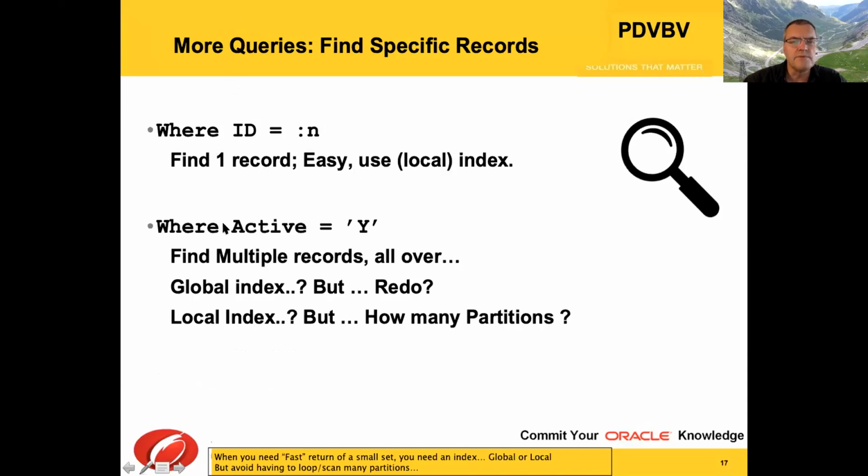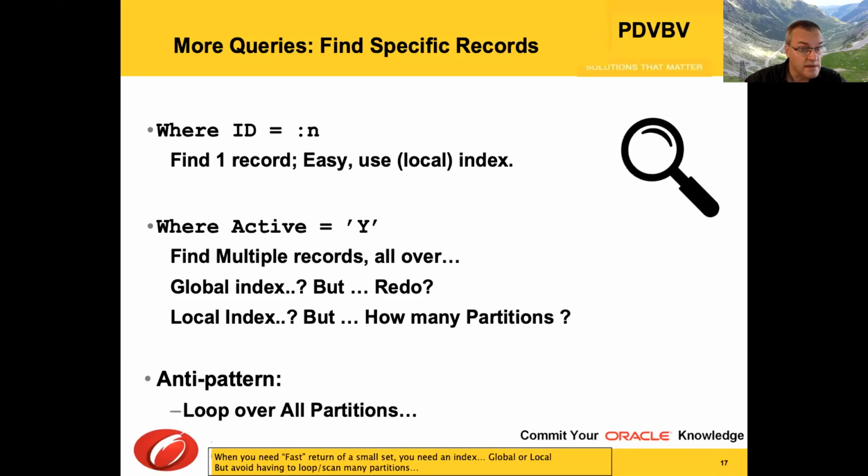If you look for a field that doesn't have a good local index, or that requires a global index, you are slightly in trouble. You'd have to look for all the active data in a table, and it can be all over the table. So you'd have to either use a global index or use a local index, but then how many partitions are you going to scan? The anti-pattern will be if you have to loop over the partitions.